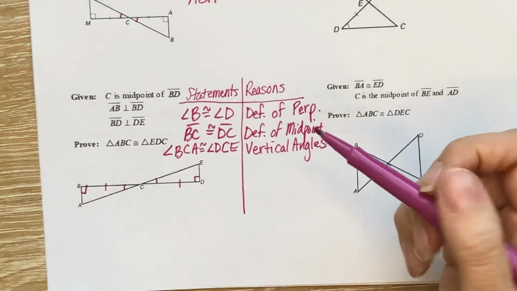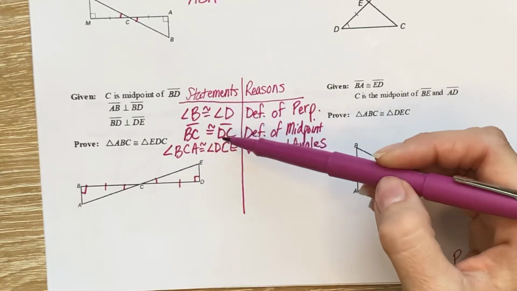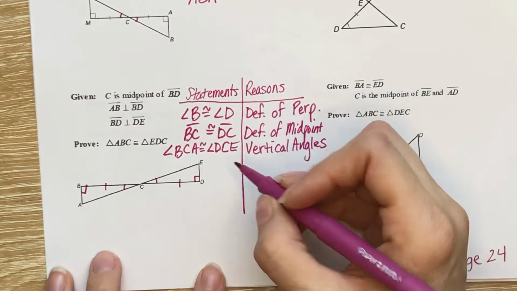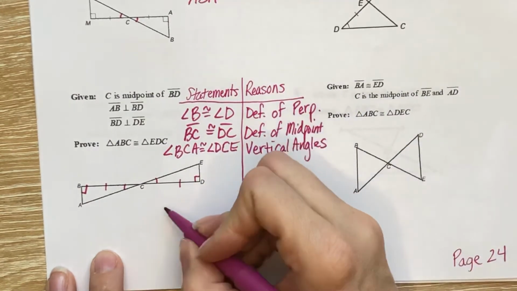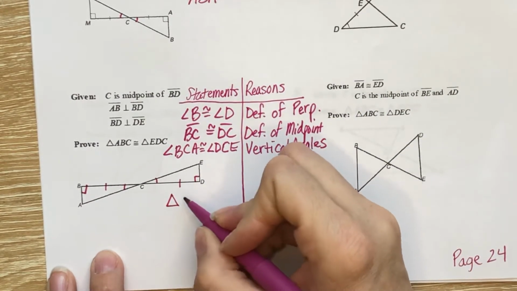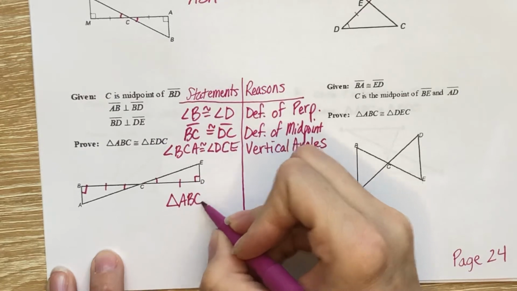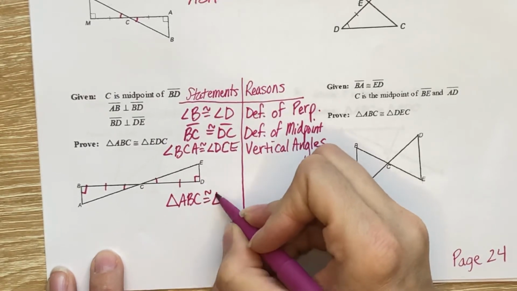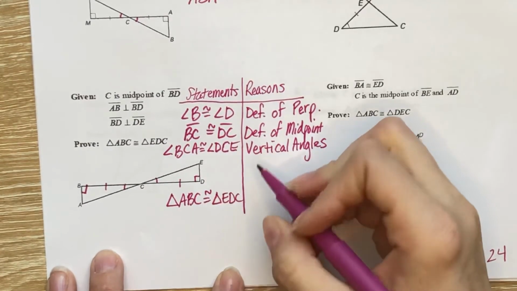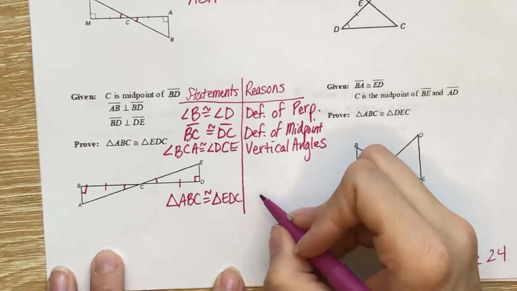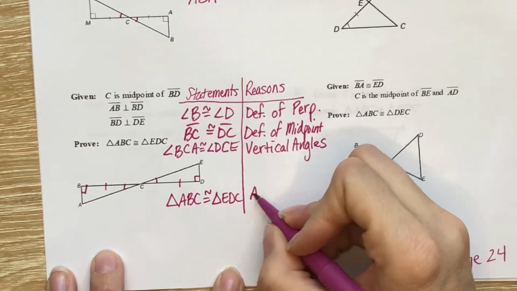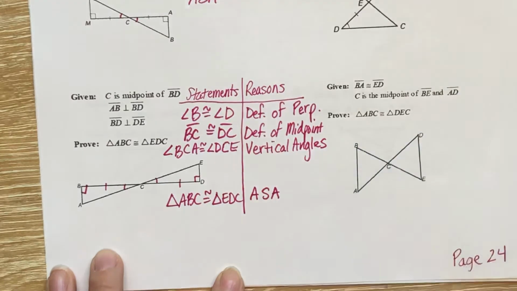And there we have it. We have shown angle, side, angle. So we can say that those two triangles are congruent. I'm kind of out of space, so I'm going to go underneath here. Triangle ABC is congruent to triangle EDC. And this is by the angle, side, angle theorem.